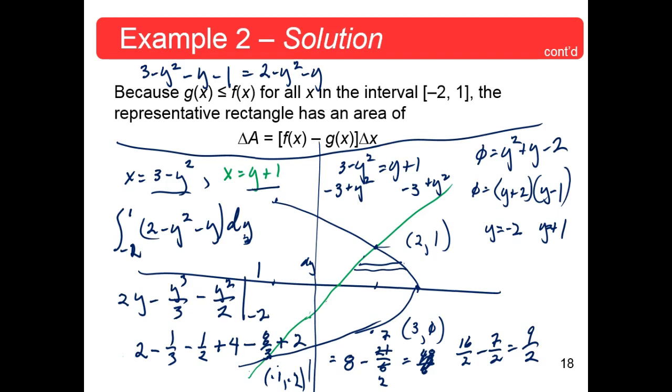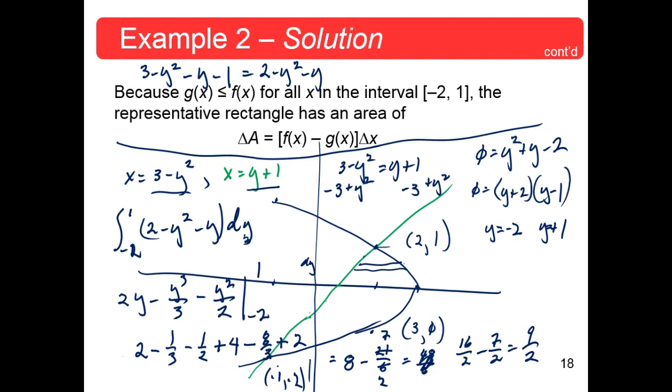Plug those values into these two to get what the x values are. And that would be a negative 1, negative 2, and a plus 2, plus 1. So do those, and then determine which is the greater and the lesser. So it's the greater minus the lesser, and do your integration from there.